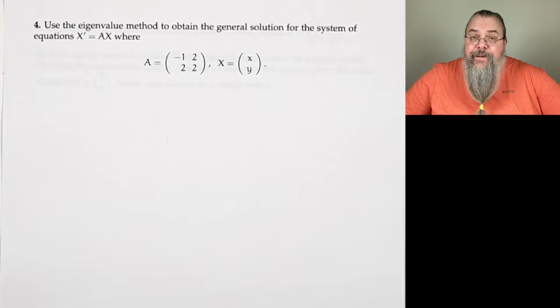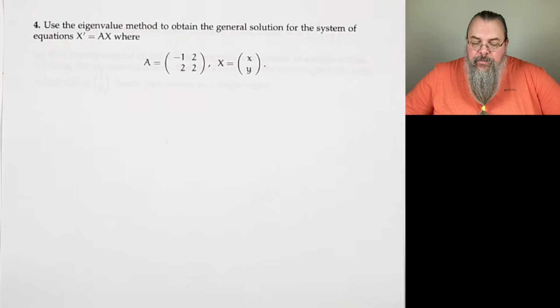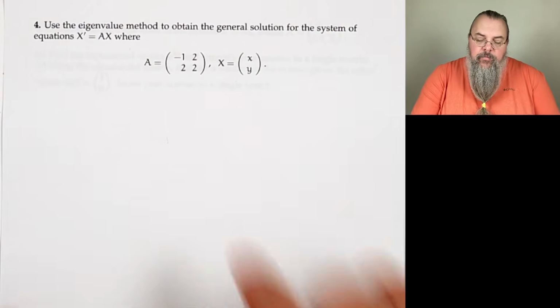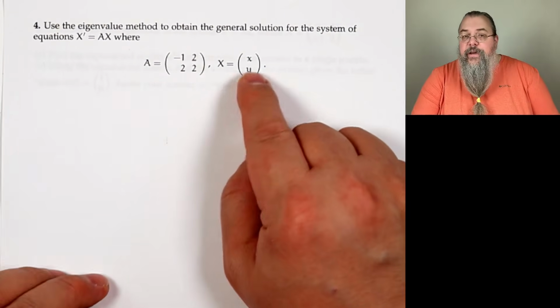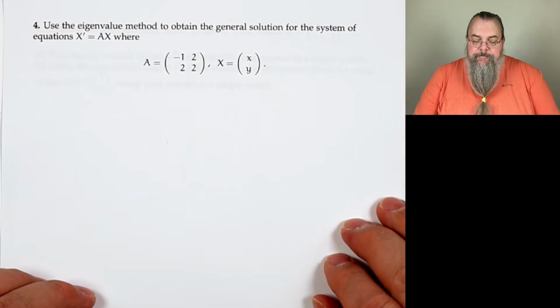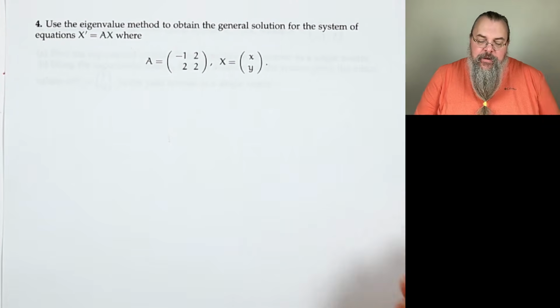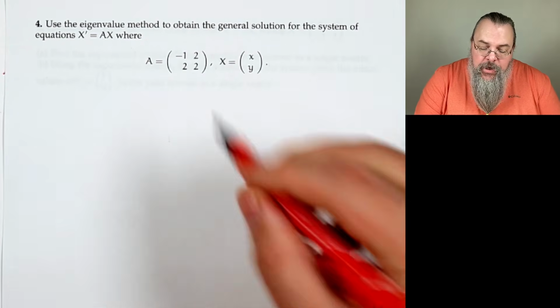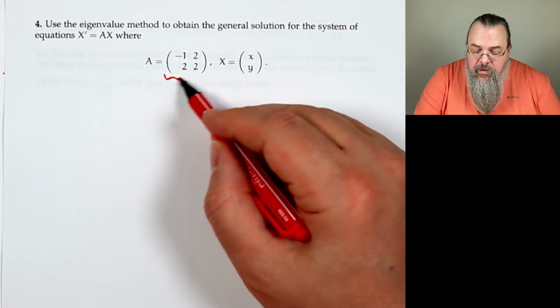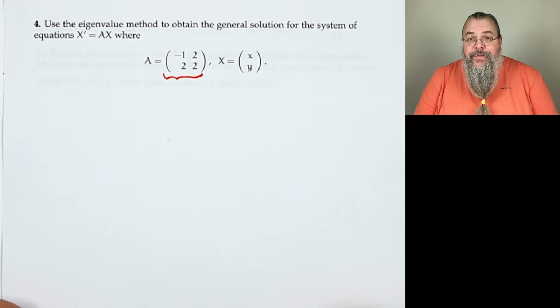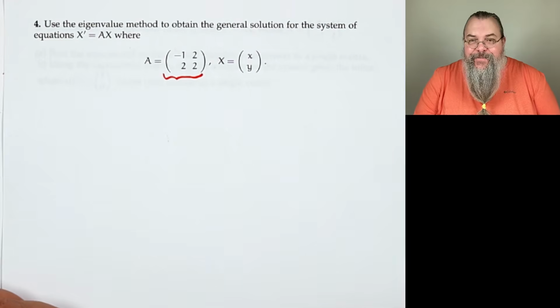Use the eigenvalue method to obtain the general solution for the system of equations x prime equals Ax, where A is (minus 1, 2; 2, 2) and x is (x, y). The eigenvalue method says we look at this matrix and find the eigenvalues.